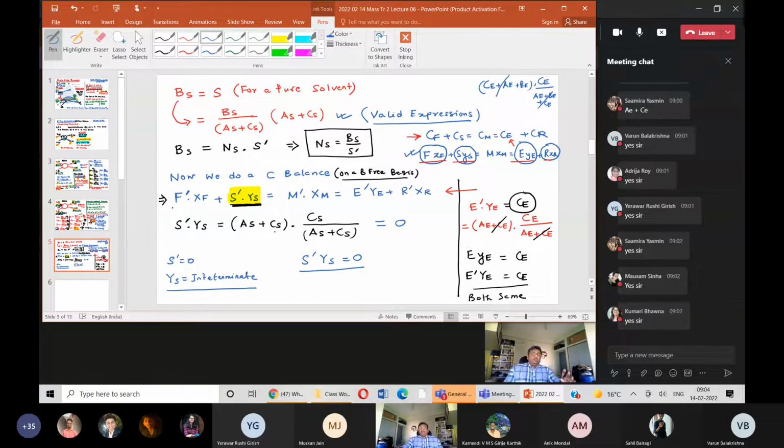And we suddenly turn a blind eye to the fact that this is indeterminate. Those of you who are very critical about mathematics, this might be mathematically wrong. But this is how this derivation progresses. This is taken as 0.